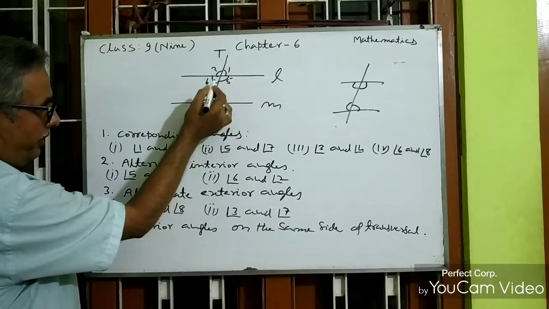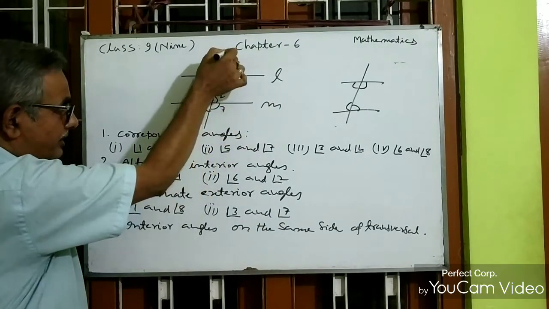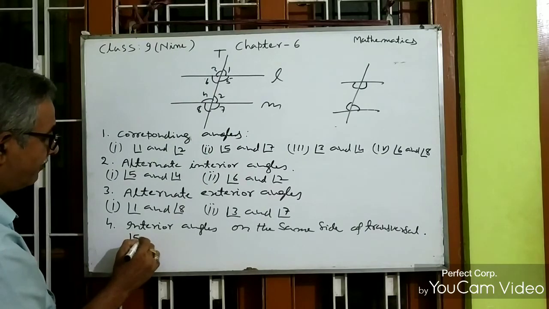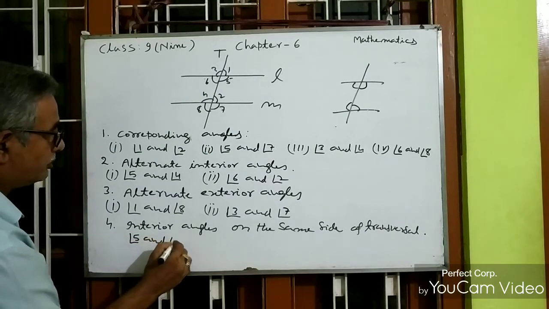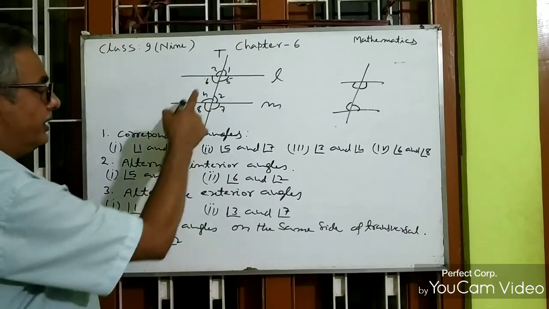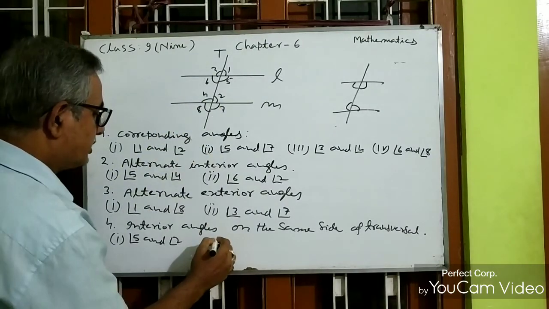You see, these are the two lines and this is the transversal. So angle 5 and angle 2, they are interior angles on the same side of the transversal.